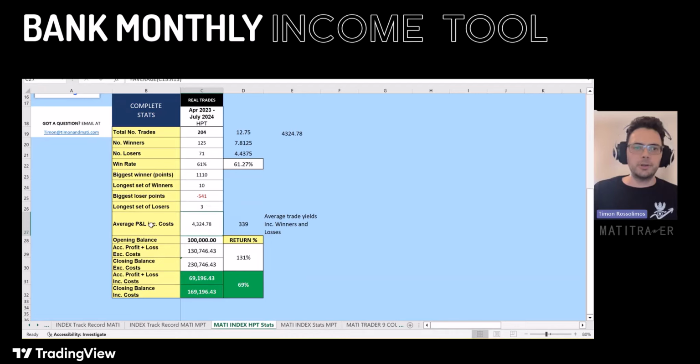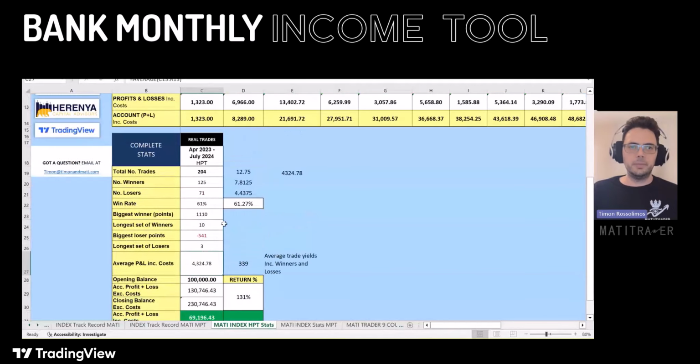We have the average profit and loss, including costs, at 4,324 Rand because we're dealing with points and with the system. If you want to know the average per month, you need to divide the number of total trades by the number of months that you've tested it. We have 204 trades, so if you divide that by 16 months, we take an average of 12 trades a month.